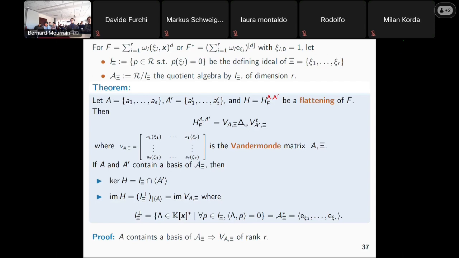And so what can we deduce from the Hankel matrix? Here we assume we have some A and A prime, which will be monomials of degree k and less than or equal to d minus k. So the flattening of this F.